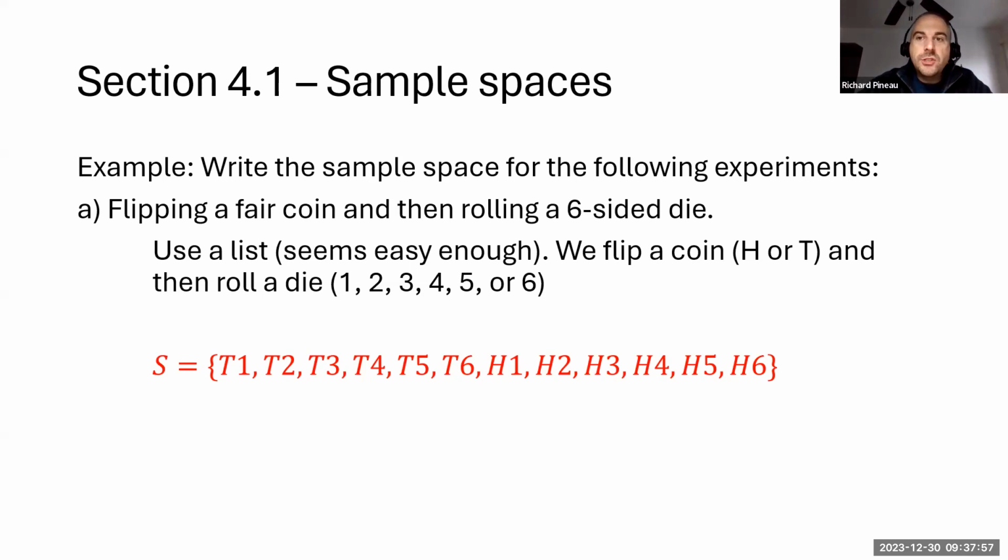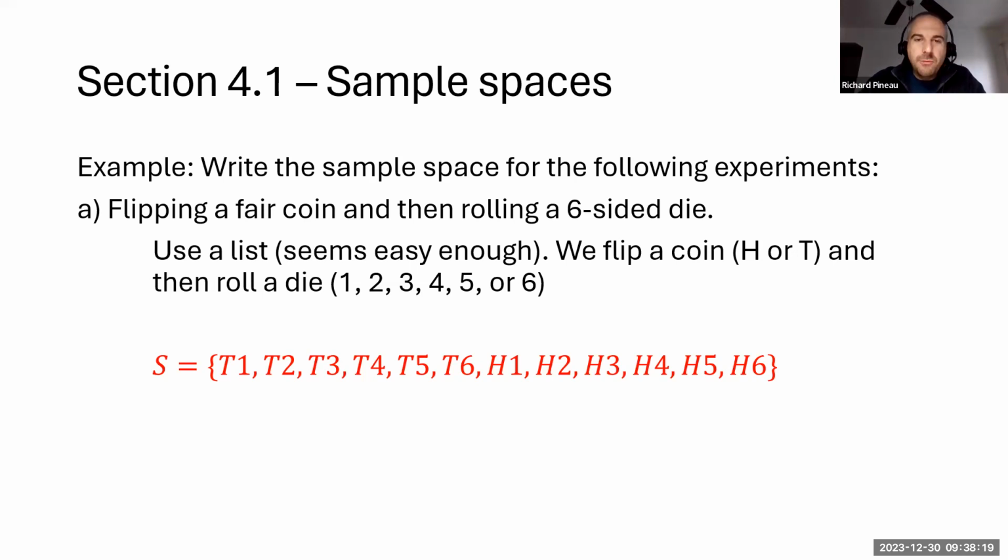If we consider the coin toss being tails, then what are all the possible outcomes that we can have with the die? Well, that would be T1, T2, T3, etc. And similarly for flipping heads, right? I could have each of the 6 digits on the die come up for each flip of the coin. So 12 total outcomes here, and you have the sample space.